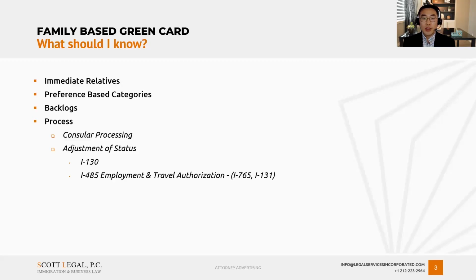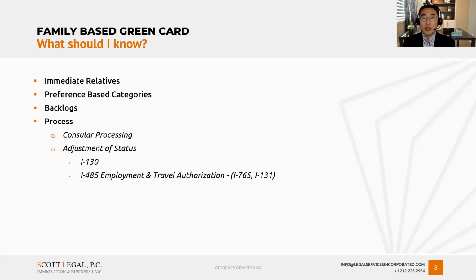Okay, so these limited numbers of green cards, the rules made by the visa bulletin, apply to employment-based green card categories as well. Each employment-based green card category has an annual cap of how many green cards can be issued.